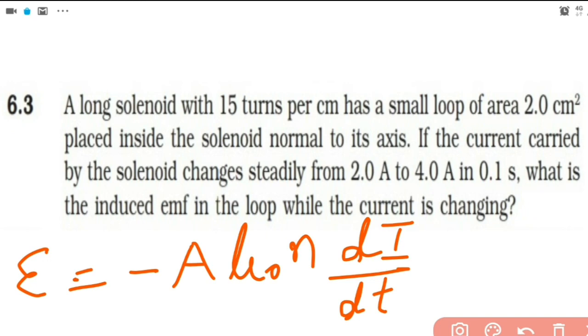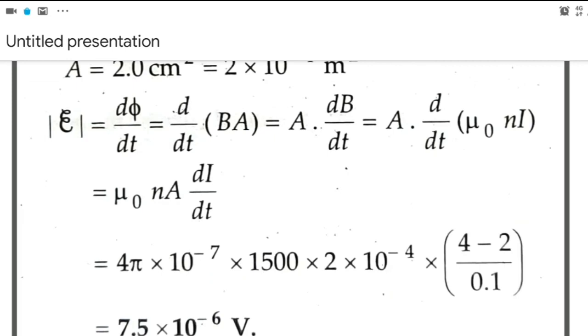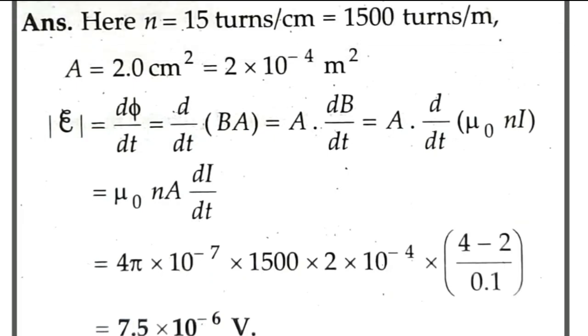All the data are given, just to substitute. Here di means it is changing from 2 ampere to 4 ampere, and dt is 0.1 second. We are supposed to find only the magnitude of the EMF, so that negative sign we are not considering. So substituting, we get the answer to be 7.5 into 10 raised to minus 6 volt. So with that, we conclude today's discussion. Thank you.